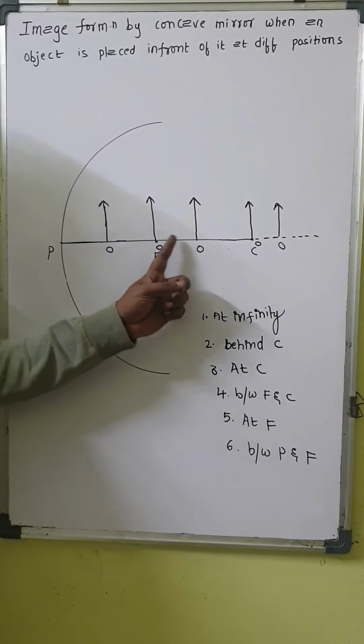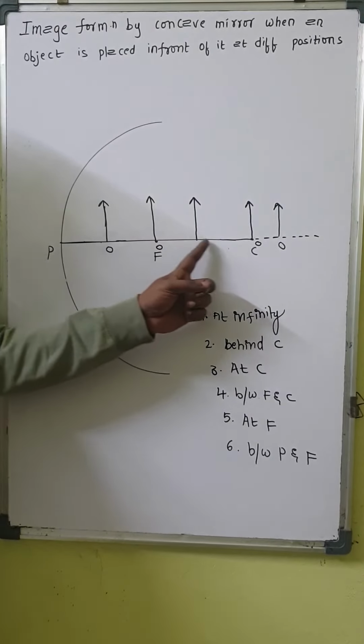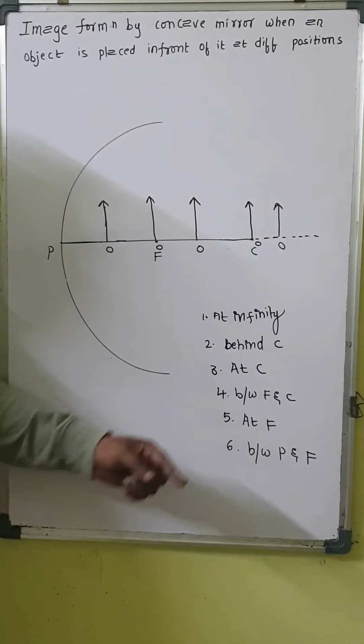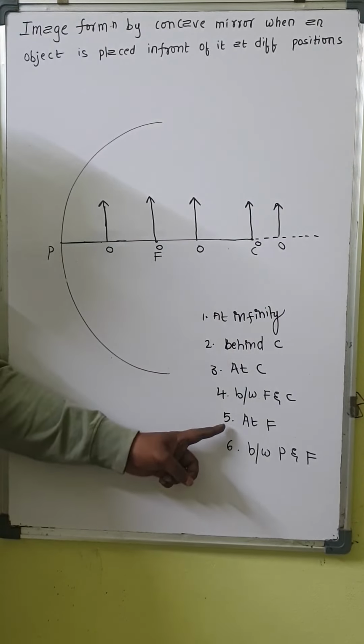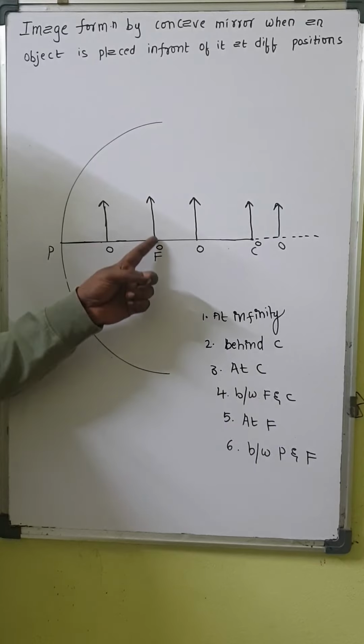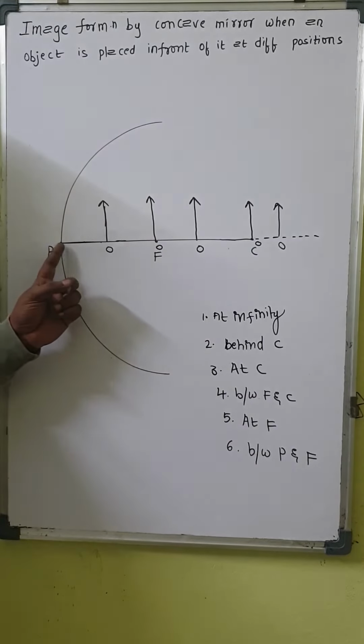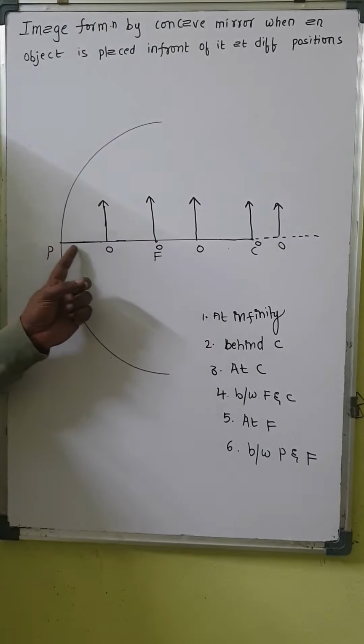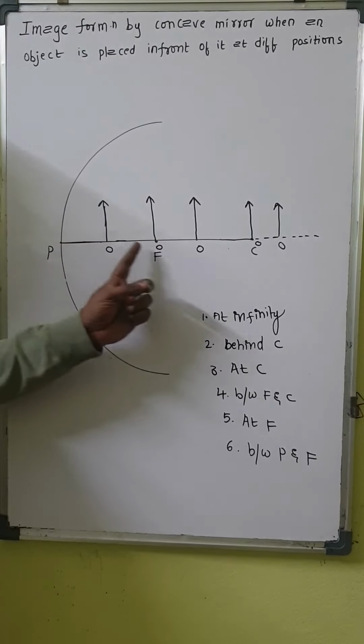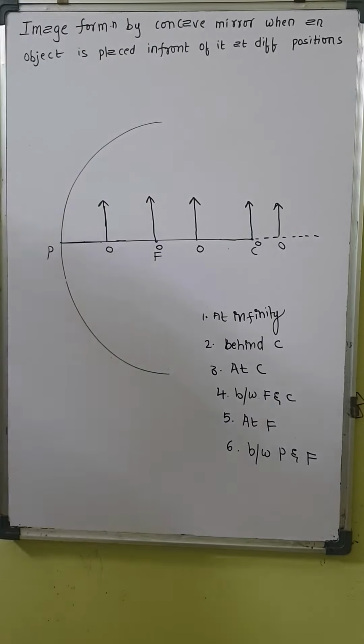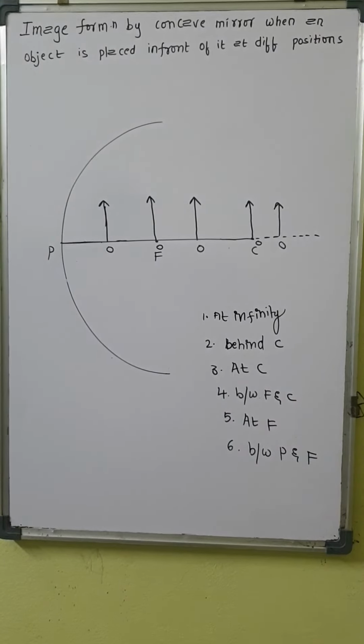Fourth, between F and C, anywhere between focus and center of curvature. Fifth, exactly at focus. Sixth, between P and F, anywhere between the pole of the mirror and principal focus. Like this, an object can be placed in front of a concave mirror at 6 different positions.